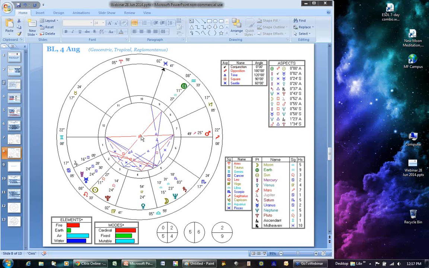Inconjunct operates harmoniously? No. The inconjunct is 150 degrees. It doesn't operate harmoniously, but it's a dialogue, and any kind of a dialogue is good. The inconjunct, 150 degrees, Mars to Mercury and Uranus, they have absolutely nothing in common.